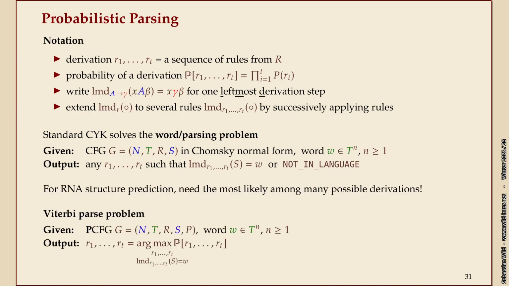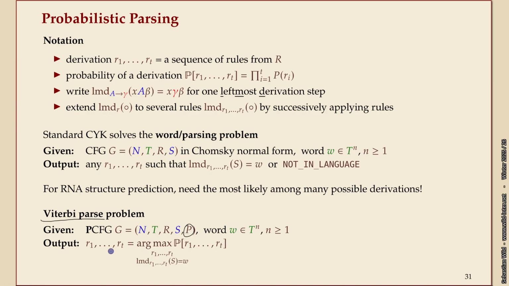CYK does this. Now, what we'd rather like for our structure prediction problem is what I would call a Viterbi parse. And so here the difference is that the input consists of a probabilistic grammar. So we have one more component here, namely the probabilities of all the rules. And again, a word.